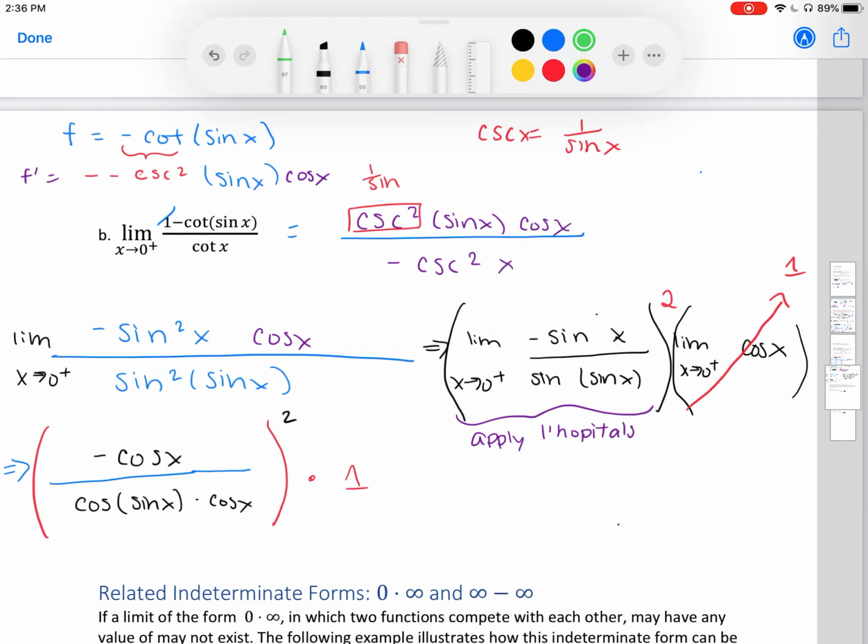So cosine at 0 is 1. Sine is 0, so therefore cosine of 0 is 1 times 1. So our answer, don't forget that negative in the numerator, is negative 1 times 1. So our answer is negative 1.